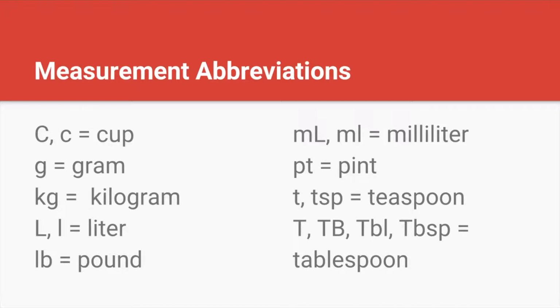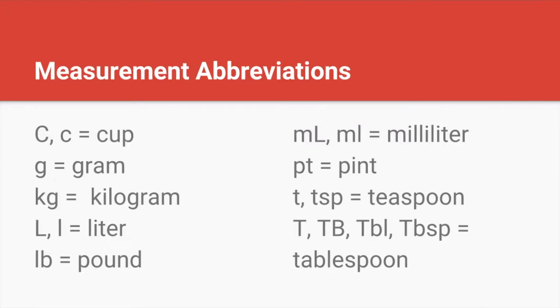The uppercase C or lowercase c generally means a cup, g a gram, kg a kilogram, capital L or lowercase l a liter, lb a pound, mL a milliliter, and pt is a pint.